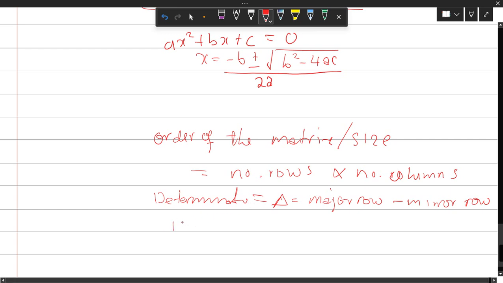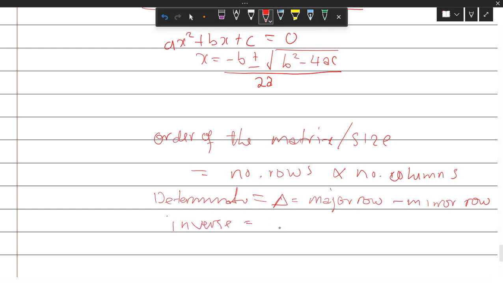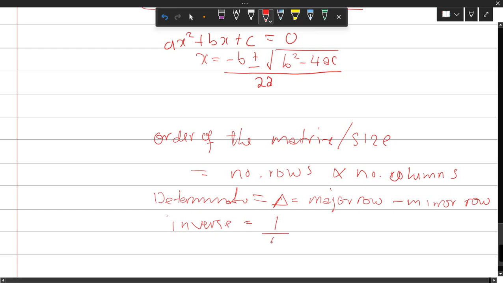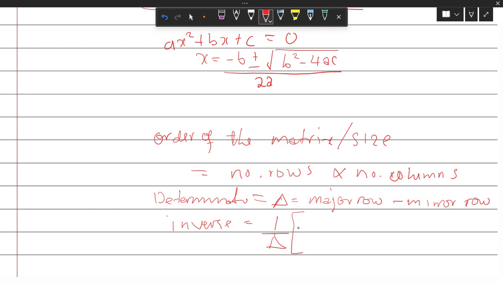I showed how to identify the major diagonal and the minor diagonal, and then also talked about the inverse. The inverse is 1 over the determinant. There are other higher class mathematics where there are other formulas, but for grade 12 it's not necessary to go into all those deep calculations.